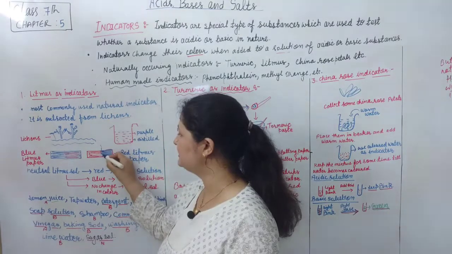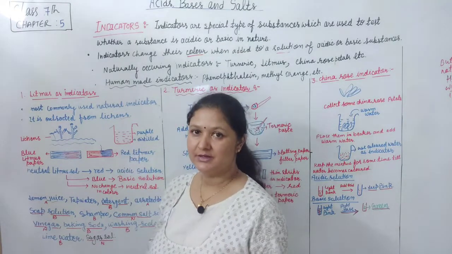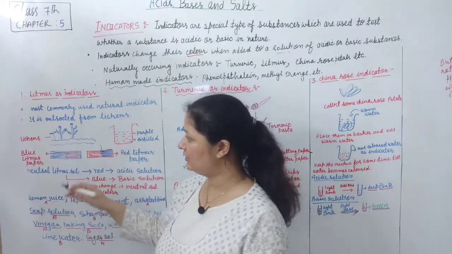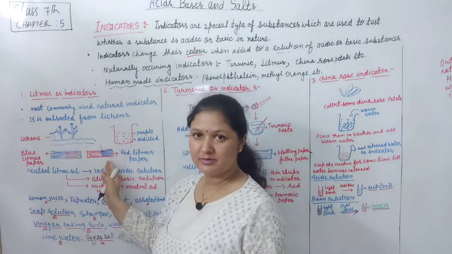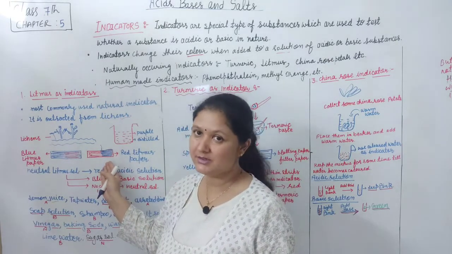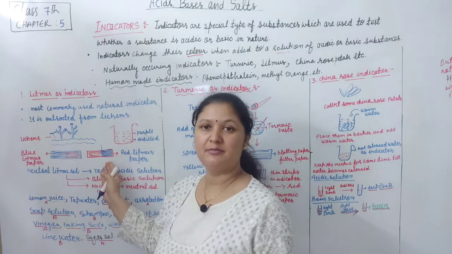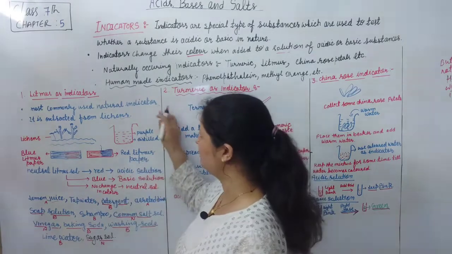Means this soap solution is basic in nature. So in this way, with the help of blue litmus paper or red litmus paper, we can find whether the substances are acidic in nature or basic in nature. Right, students? Learn this in this way also.